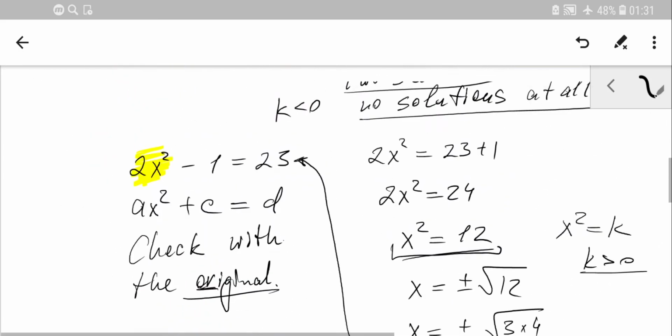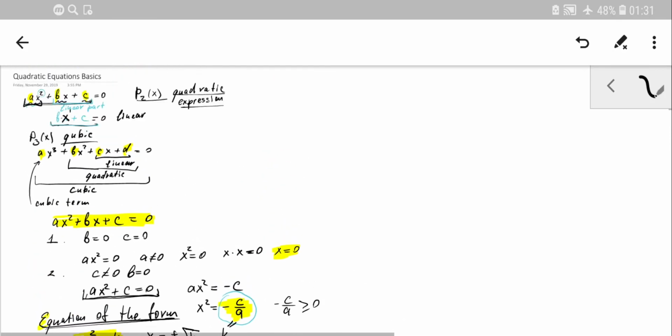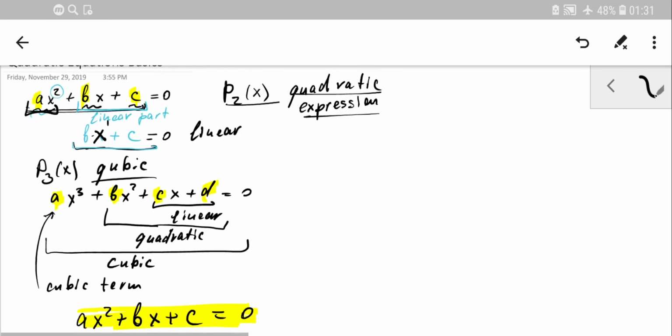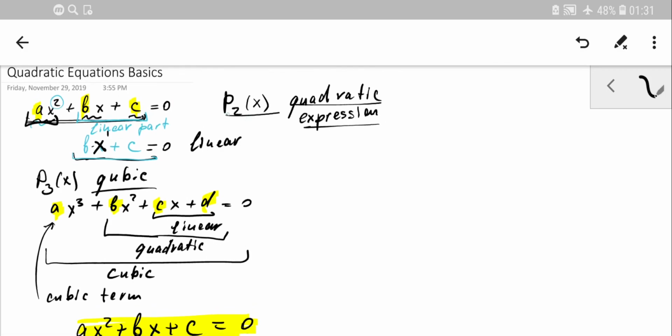So let's do a little recap. We considered only the simplest form of quadratic equation because it's the basics. I also showed you what P2 and P3 mean, in full analogy: each term with a greater power than the previous terms forms a new sort of equation, like quadratic from linear and cubic from quadratic.